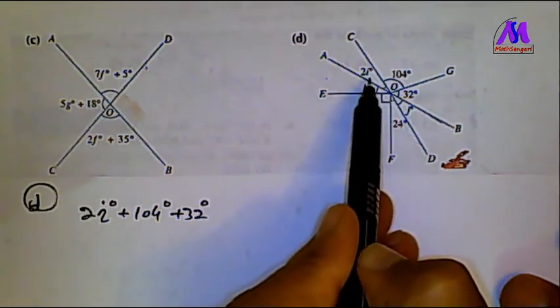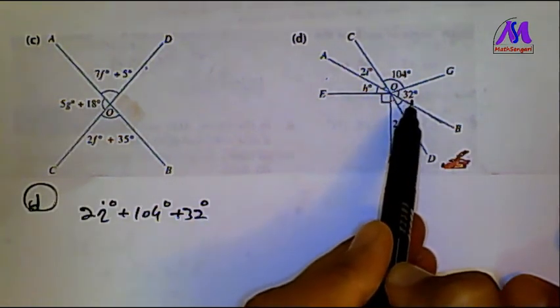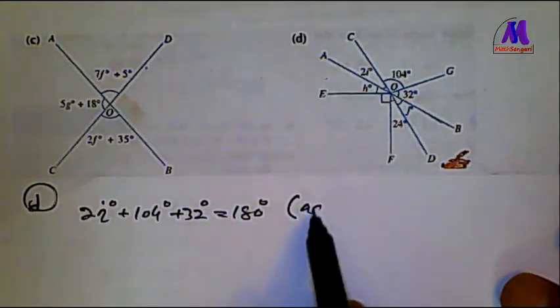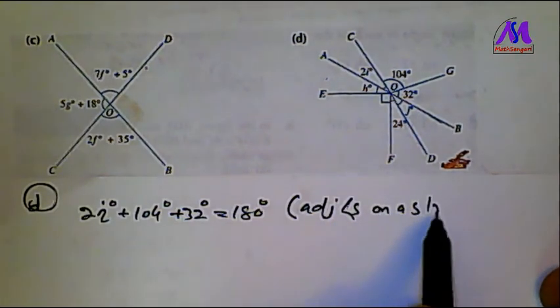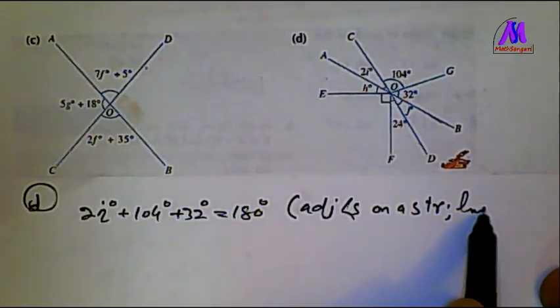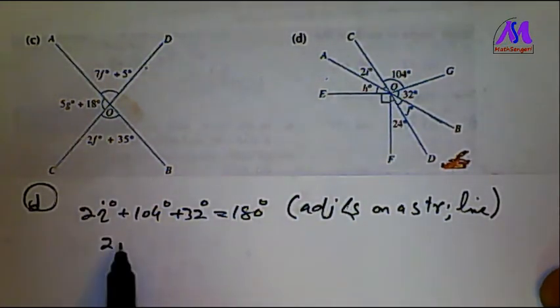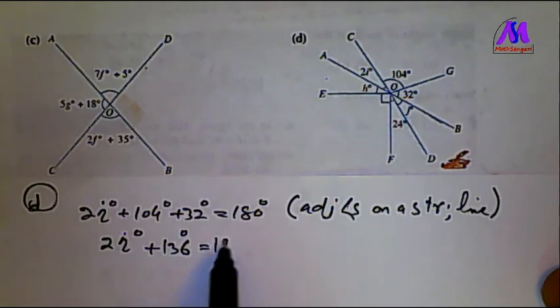So 2i plus 104 plus 32 will be equal to 180 degree, adjacent angles on a straight line. So it will be equal to 2i degree plus 136 degree will be equal to 180 degree.